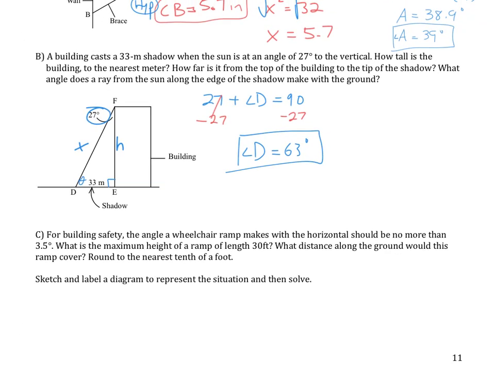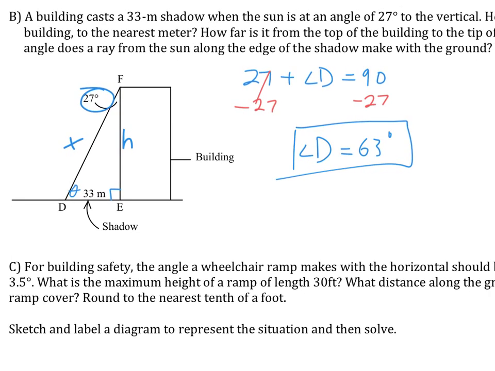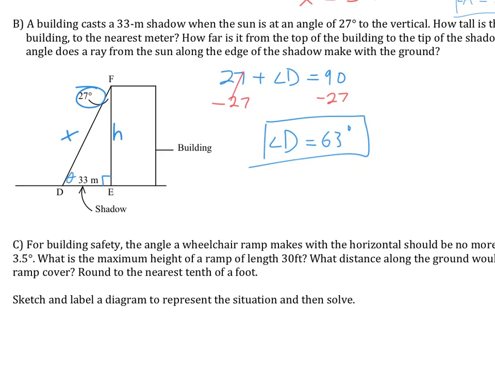And so now we're going to find both H and X in this case. So we'll start with the height first. Doesn't really matter, but we'll start with the height first. We'll use our 27-degree angle since that's the one the problem initially gave us.